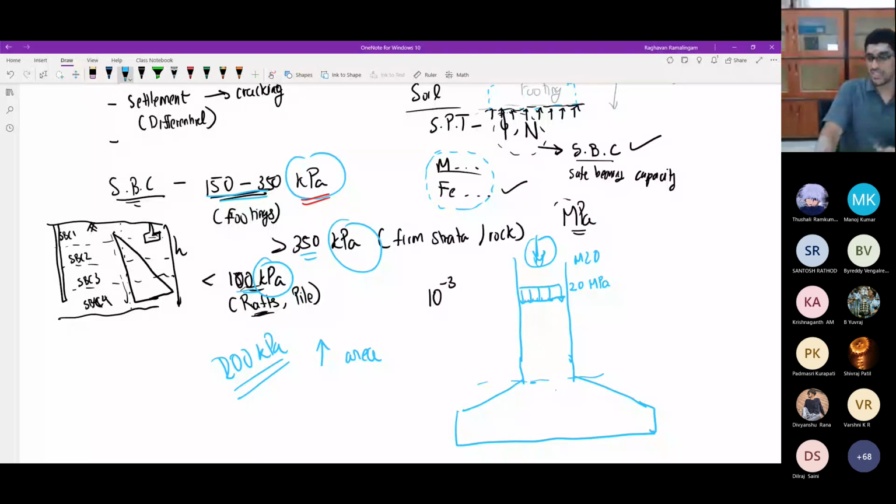This is basically done so that your area increases a lot, such that you can bring the pressure on the soil to within the range of its safe bearing capacity. So this is the principle behind doing any foundation design.